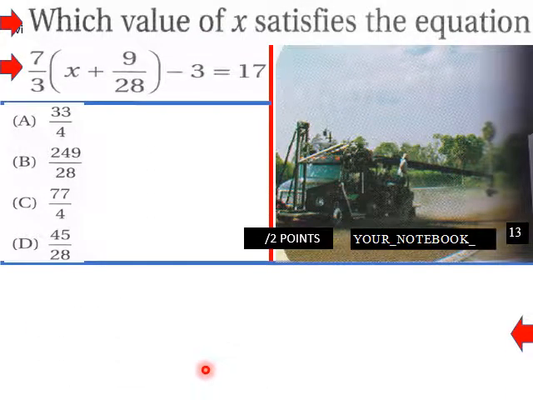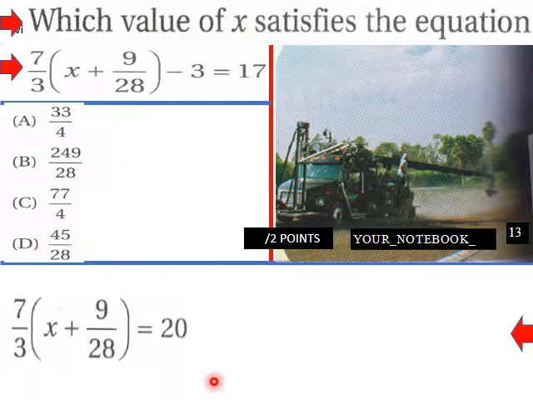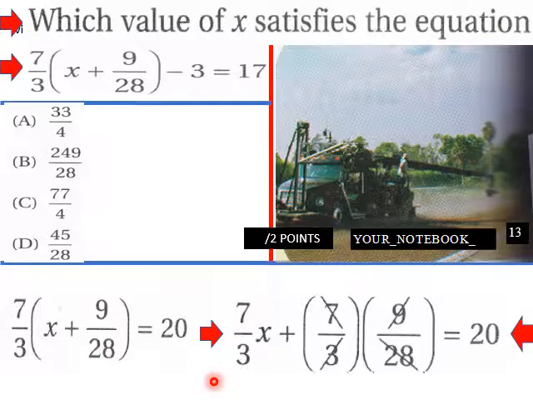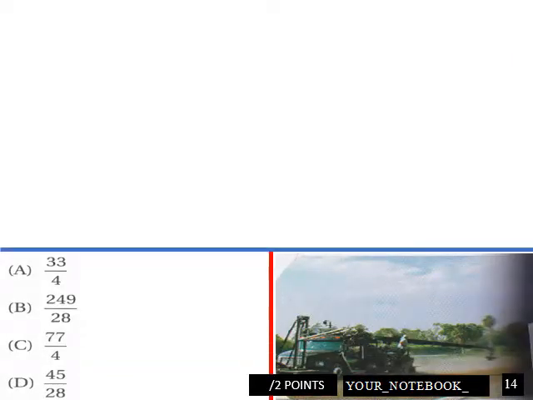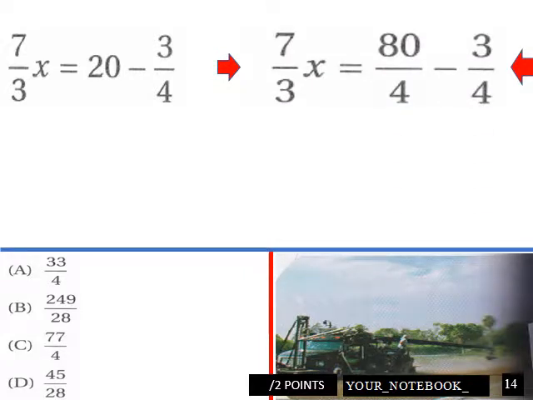Which value of x satisfies the equation here? So here are our choices. We have to multiply through by 7/3 through the parentheses here. You can do some canceling, or you can just straight multiply across, whichever style you find is simpler for you and less confusing.